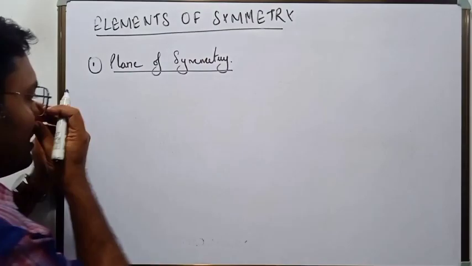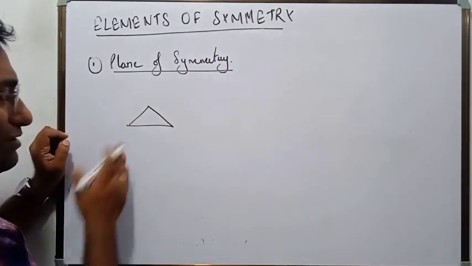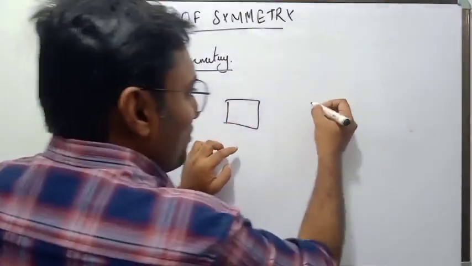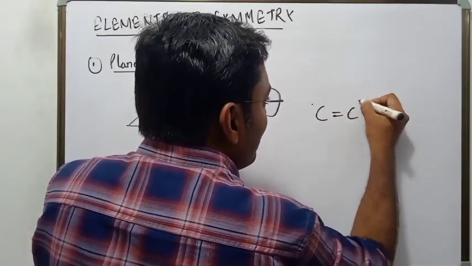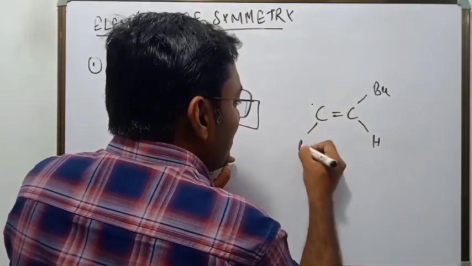So we will see this plane of symmetry. I take a different example here: 1,2-dibromoethane.